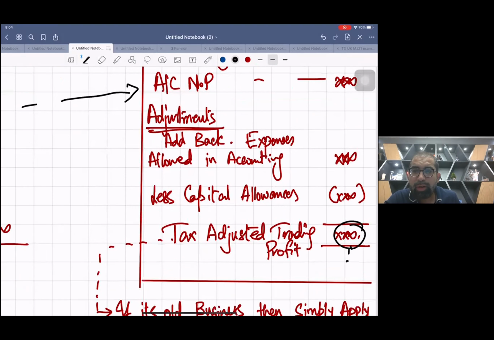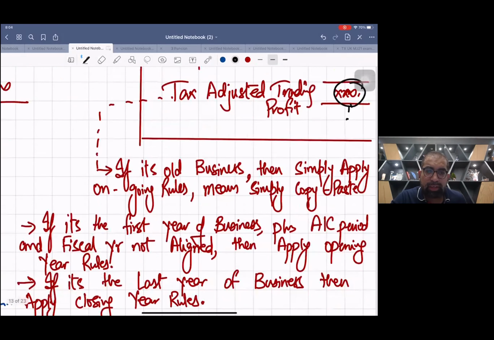Now, once you have calculated the tax adjusted trading profit, be careful. Listen, these are the mistakes. Read the first line. If it is an old business, that means the business started a few years back, say 5 years back, then the opening year rules of basis period have already been applied. So for future years, we apply the ongoing rule.